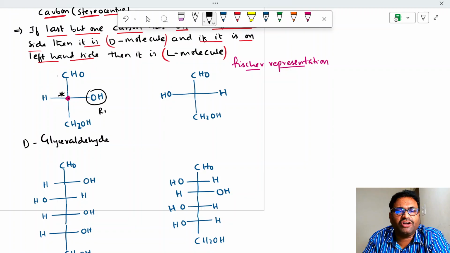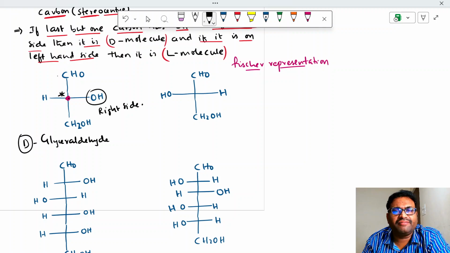When OH is present on the right side, what do we use? We use D. That is the meaning of capital D: at the last but one carbon, which is chiral, OH should be present on the right side. That represents a capital D molecule. Here what do you find? You find OH on the left side.